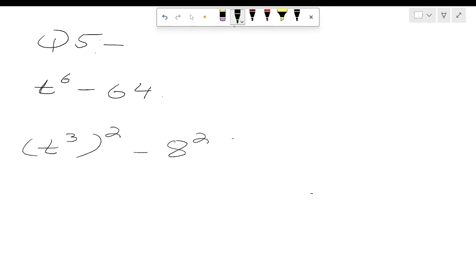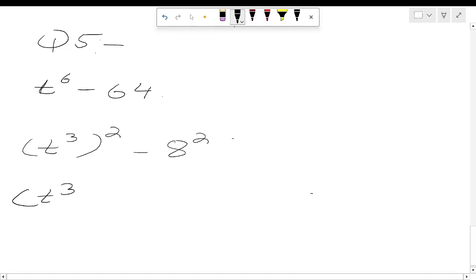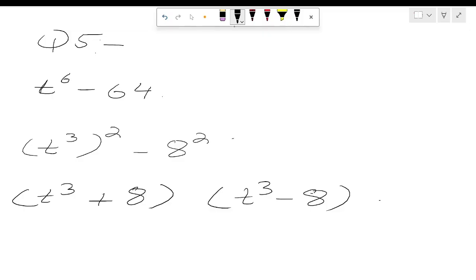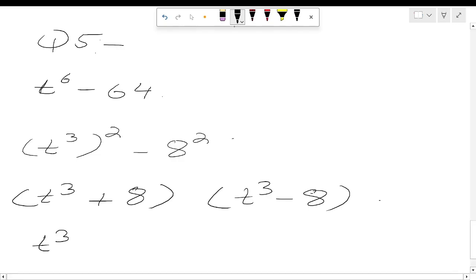So firstly, what I will write is t cube plus 8. Then I'll write t cube minus 8. Now after writing this, we will simplify this much further. You can see that 8 is 2 cube. So I'll write t cube plus 2 cube.